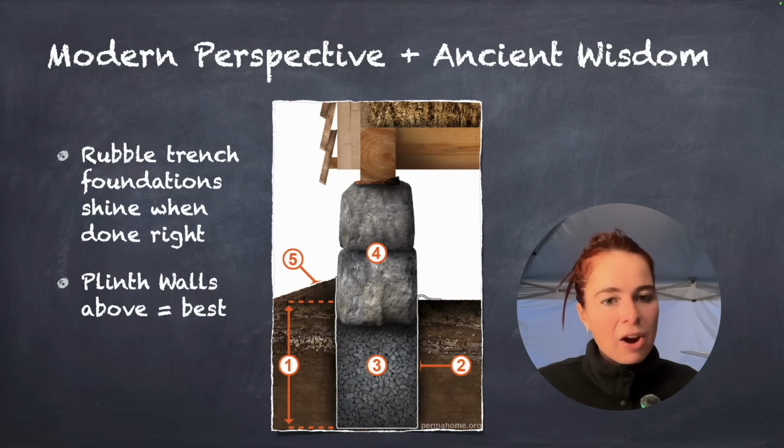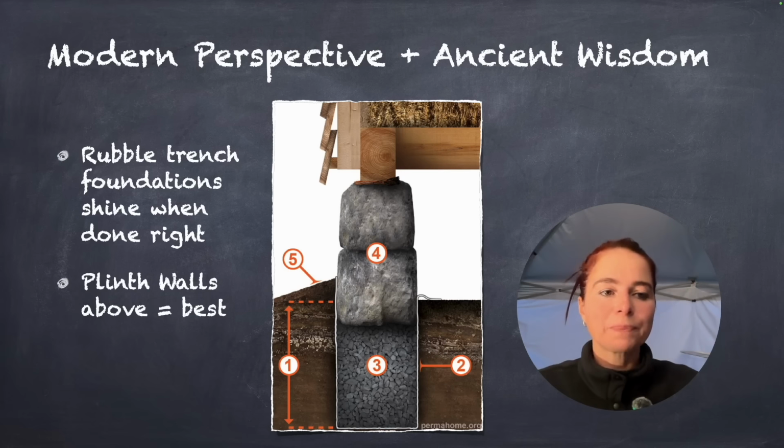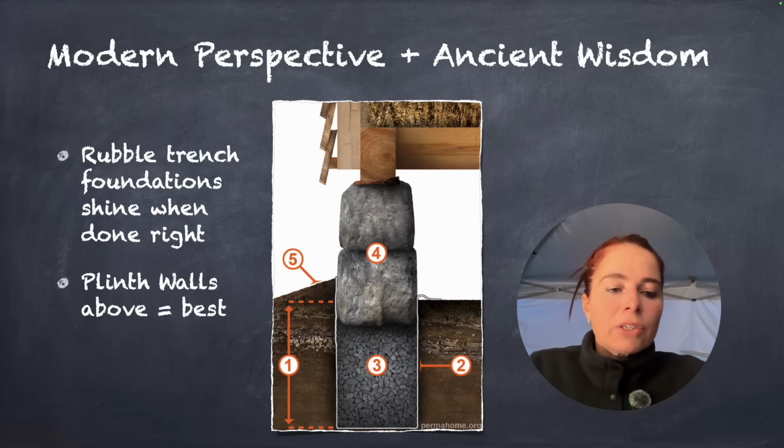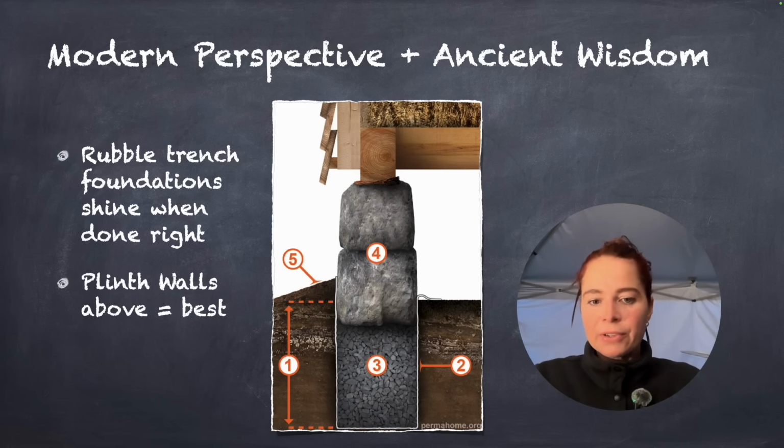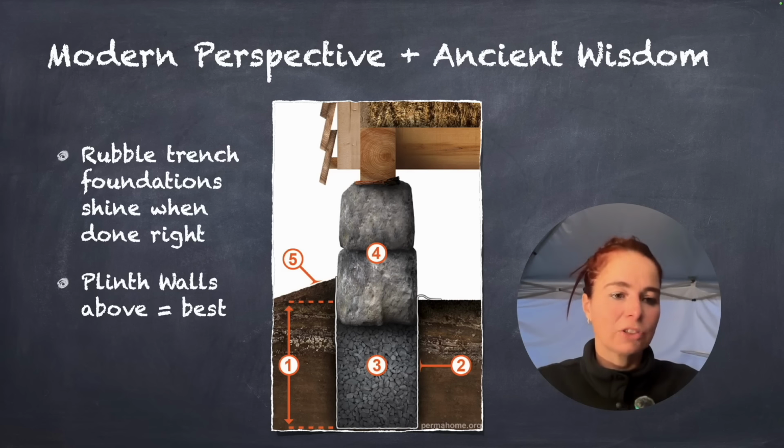So when we take our modern perspectives and combine them intelligently with ancient wisdom, I think that's the way forward. Rubble trenches really work great when they're done right, when they respect how they work. So we need to approach them with intelligence and understanding.